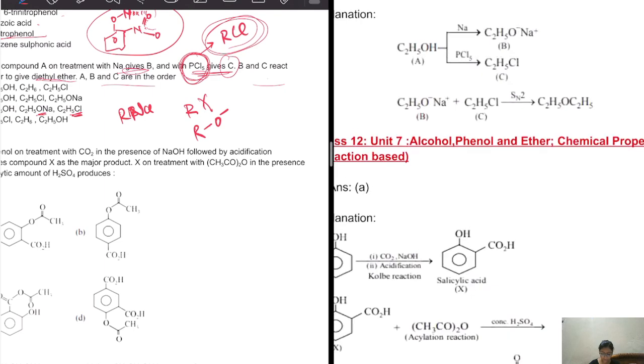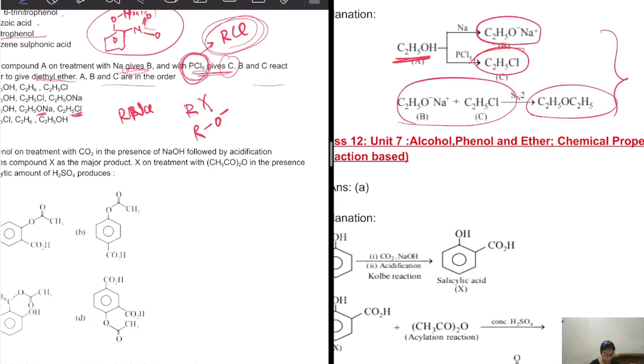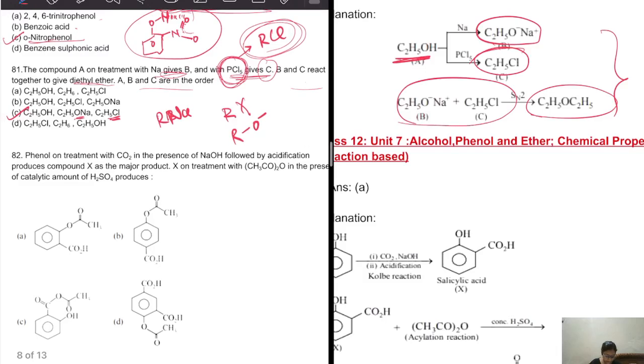Let's see the reaction. C2H5OH with Na will give C2H5O negative Na positive, and with PCl5, it will give ethyl halide. These upon reaction will give diethyl ether. So this order is wrong, and in this we have RH, that is alkane. We cannot get ether here.